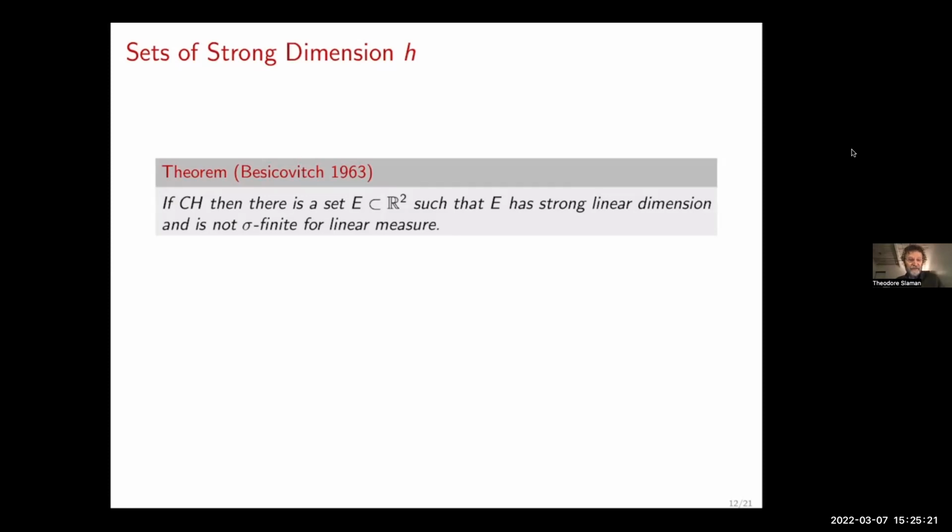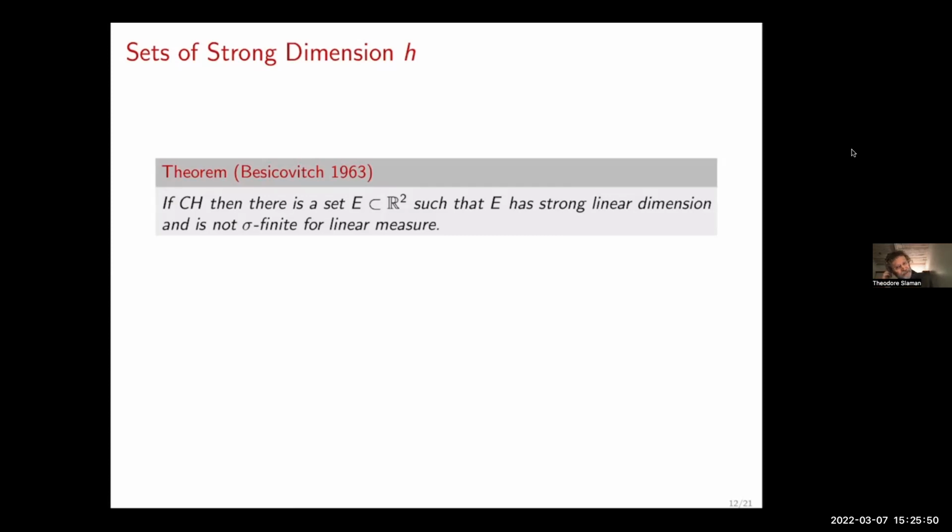If CH holds, then there is a subset of the plane that has strong linear dimension. So it's not sigma finite for linear measure, where the gauge function is just the diameter of a set taken to be its measure, and yet it has strong linear dimension.